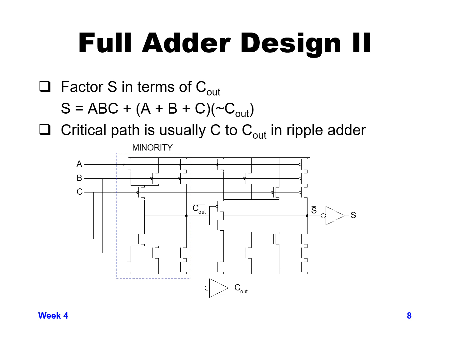If you go in the book, chapter 11, you can see how they did this refactoring, but I'm not going to cover that in the slides here. You can read that offline. We can see we can factor S in terms of A and B and C, or in terms of A or B or C ANDed with C out not.